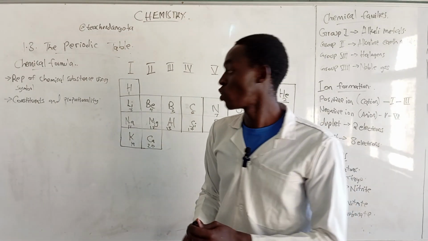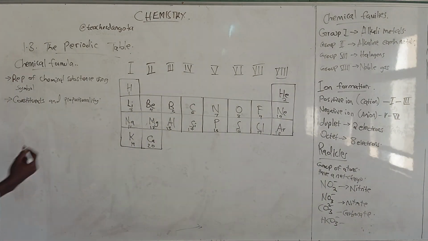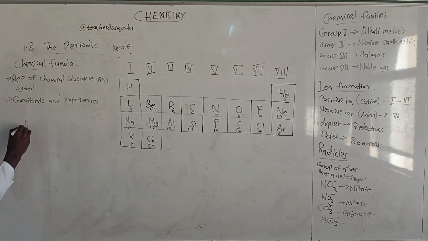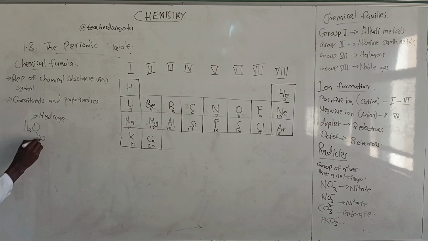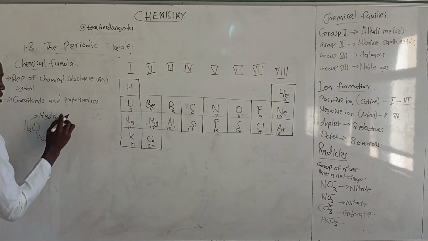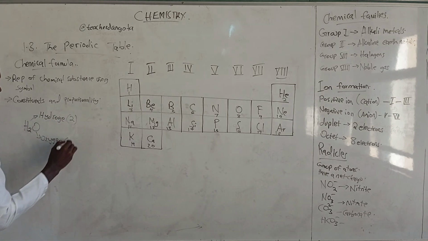For example, let's say water. What is the chemical formula for water? It is H2O. From this formula, we get number 1, the hydrogen, and number 2, oxygen. The hydrogen is in proportion of 2, so we have 2 hydrogen atoms, where oxygen is just 1.